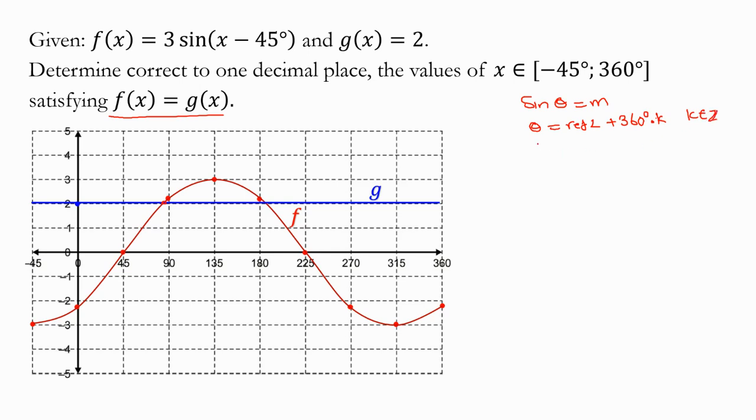Or there are two solutions: θ = 180° − reference angle + 360° × k, where k is an integer. So these are the general solutions, and we're going to have solution 1 and solution 2.